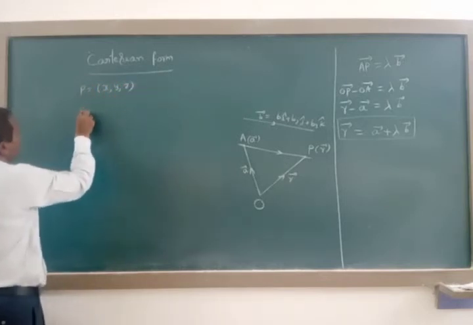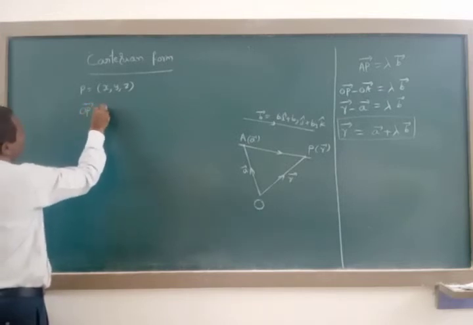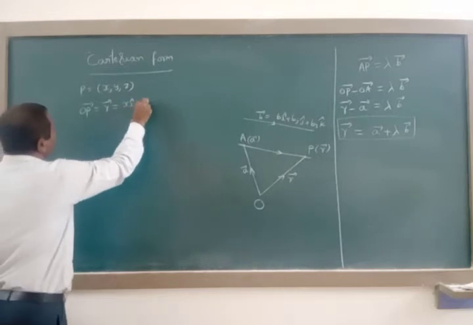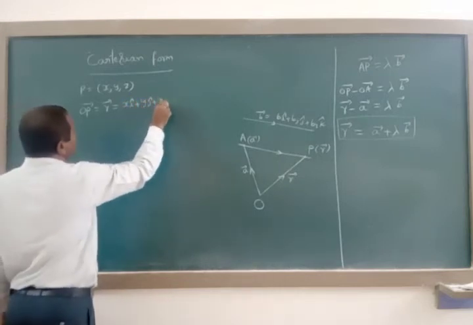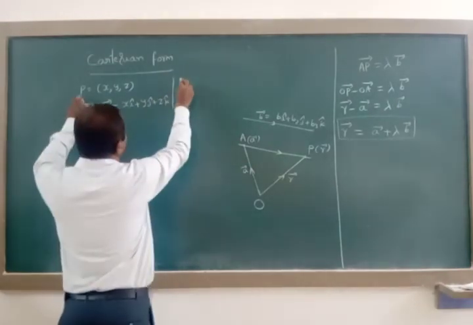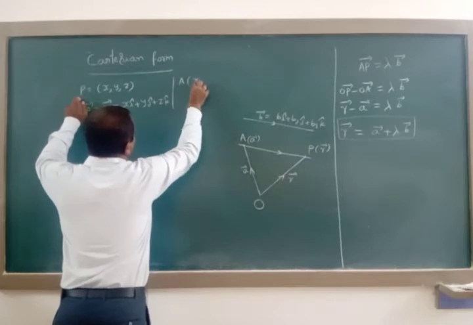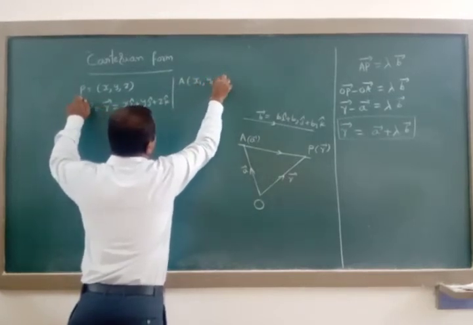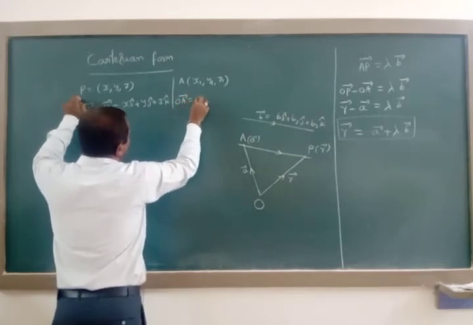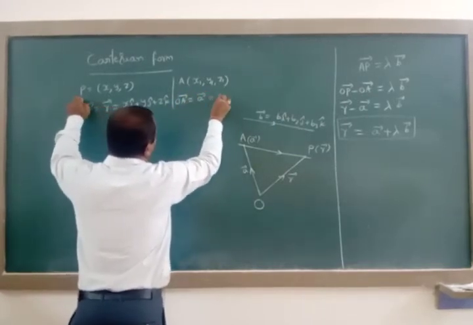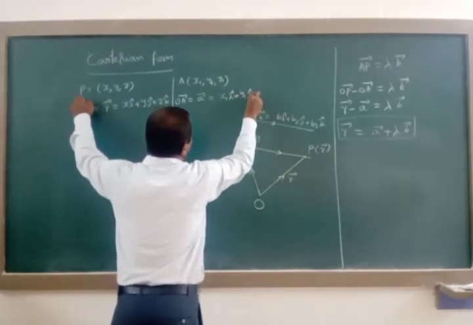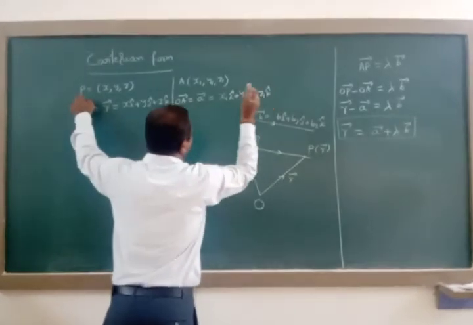That is, the OP vector is equal to the R vector, equal to x i cap plus y j cap plus z k cap. And passing through a point capital A, we consider x1 comma y1 comma z1. That is, the OA vector is equal to the A vector, equal to x1 i cap plus y1 j cap plus z1 k cap.